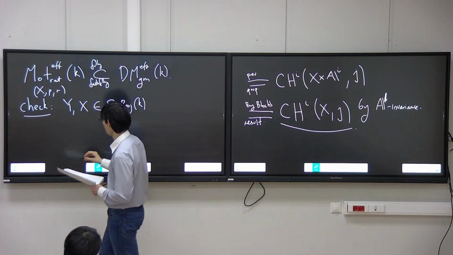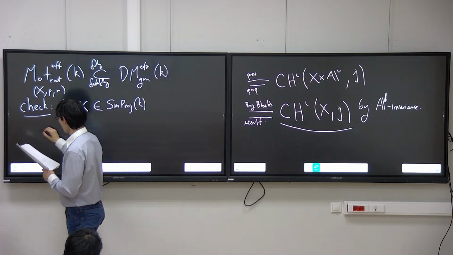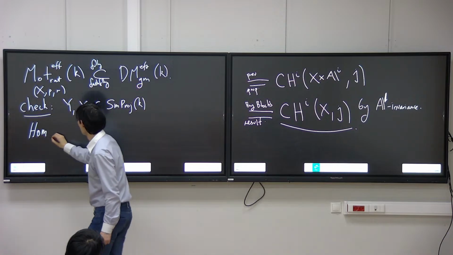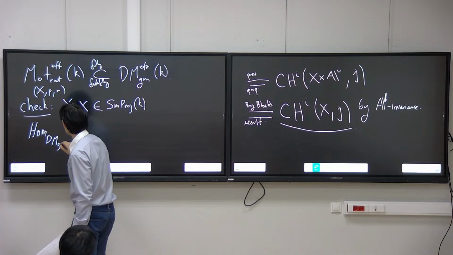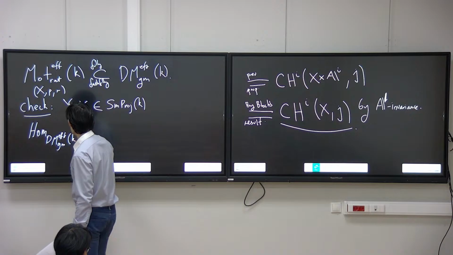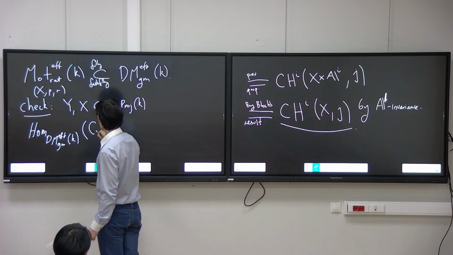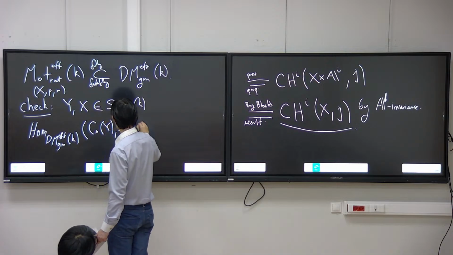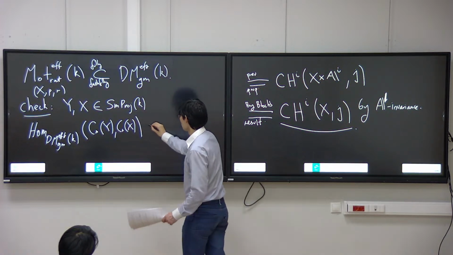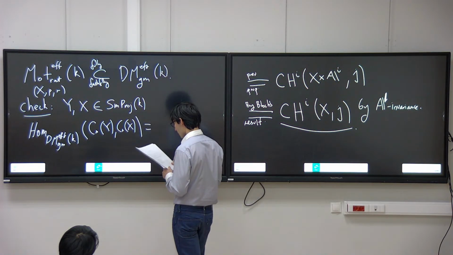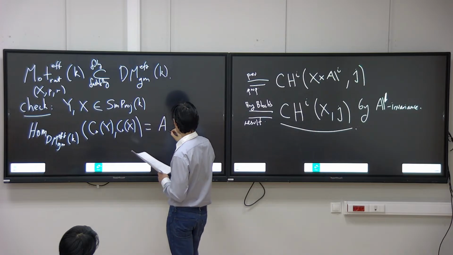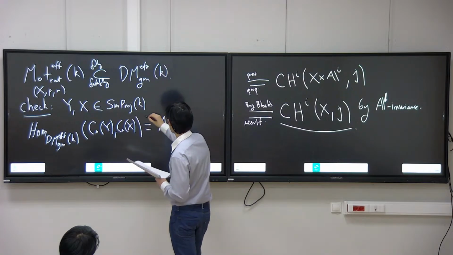Then I want to calculate homomorphisms in DM, my derived category, or my souped up category of finite correspondences, between the motive attached to Y and the motive attached to X. So this is equal, first of all, to bivariant cycle cohomology by previous results that we proved.